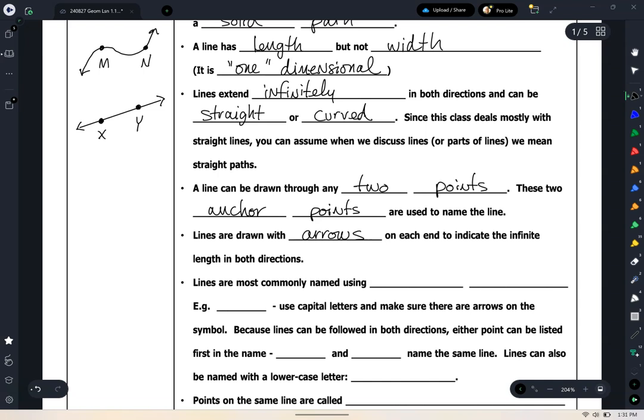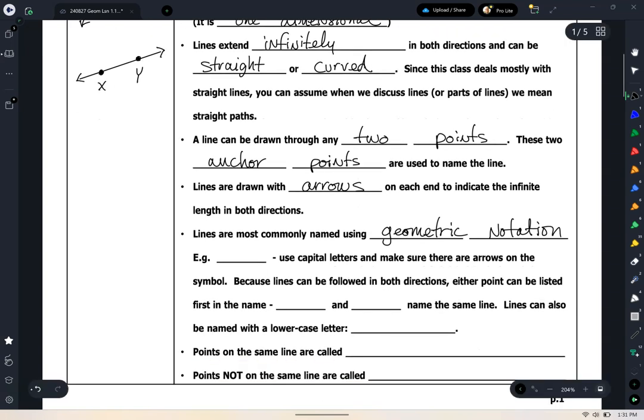Now, lines are most commonly named using what we call geometric notation. Okay? So, for example, I'm going to name this line right here. And so the way I'm going to write it is I'm going to take the 2 anchor points that it passes through. I'm going to write the 2 capital letters. Those are the points. And then I'm going to put this symbol up above it, a straight path that's got 2 arrows on either side of it.